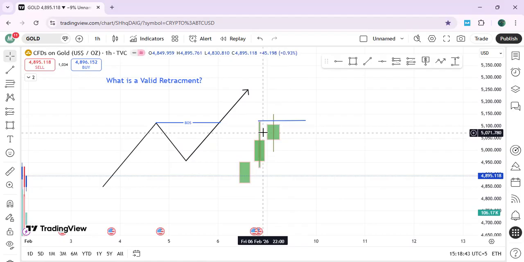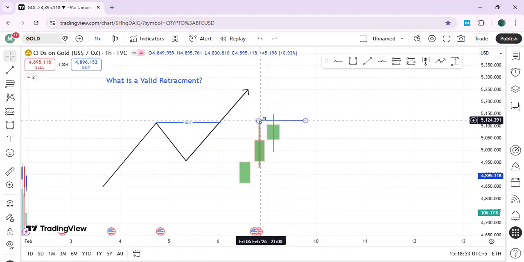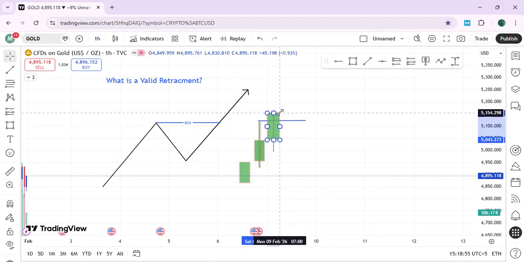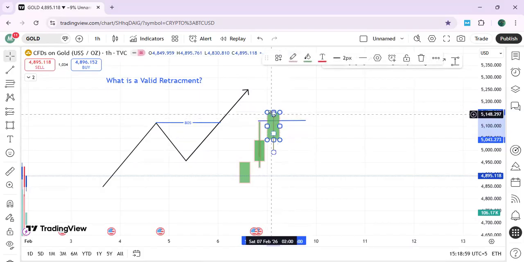Okay, understand? So the very first thing is that the market should close above the highest point. Just see, this one is a wick, so the market should close above this one. If the market closes above in that way, then we will say this one is our independent bar.